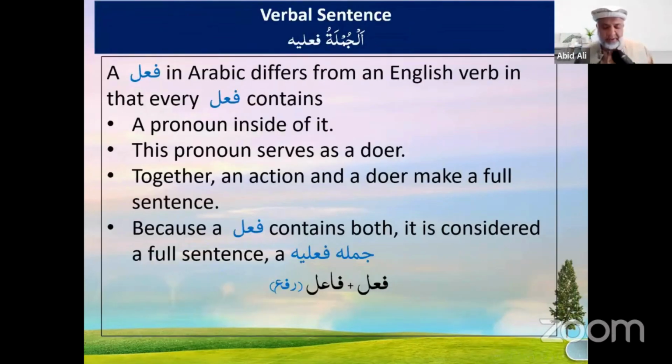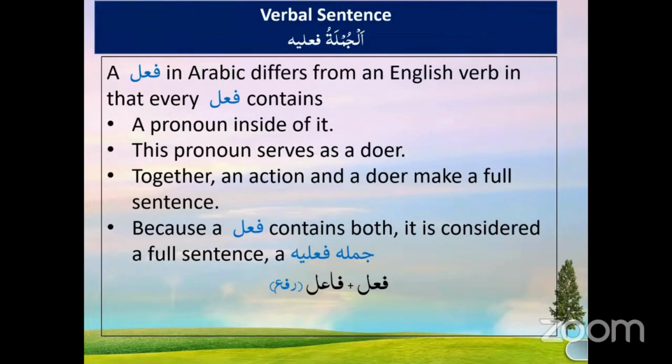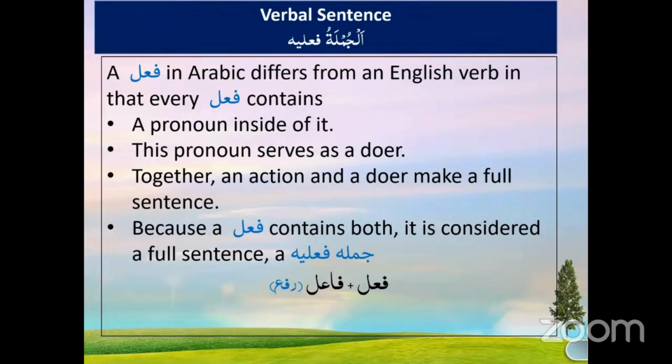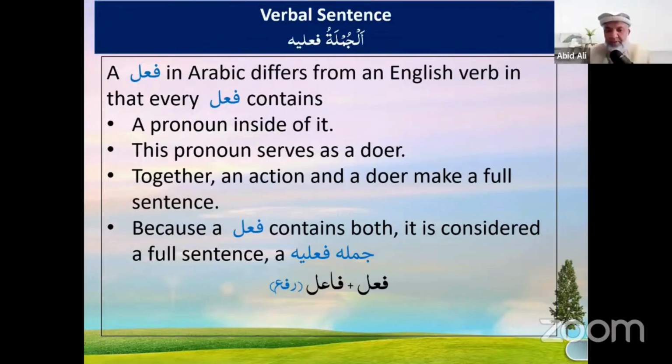What is a verbal sentence? We said the basic definition of a verbal sentence is that it starts with a verb. If it's a verbal sentence, is it going to start with a noun or a verb? A verb. And what is a verb? Verb is the action.